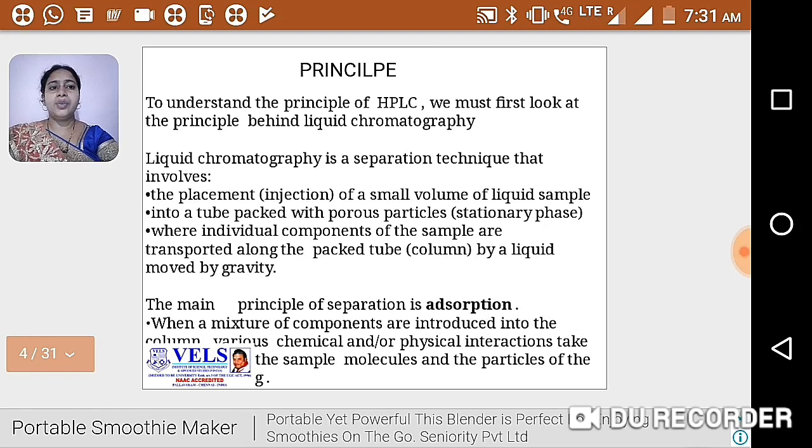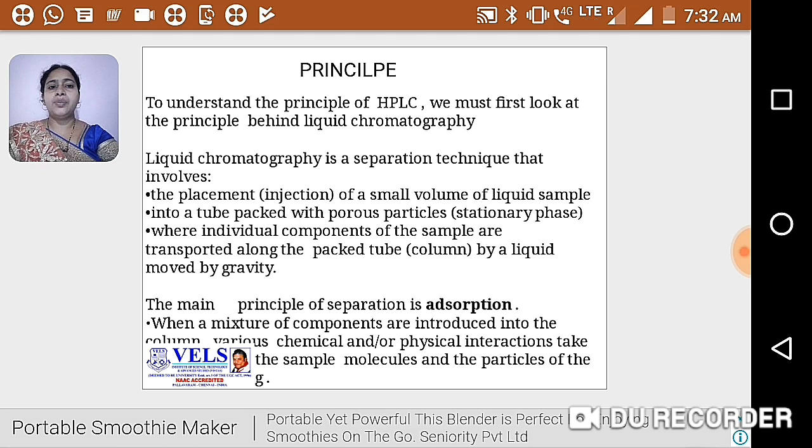Next, principle of HPLC. To understand the principle of HPLC, we must first look at the principle behind liquid chromatography. Liquid chromatography is a separation technique that involves the placement or injection of small volume of liquid sample into a tube packed with porous particles, that is stationary phase, where the individual components of sample are transported along the packed tube by a liquid which is moved through gravity.